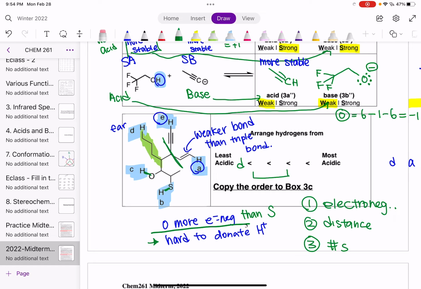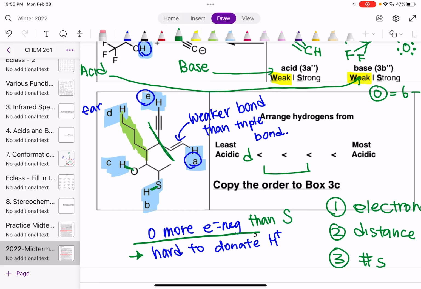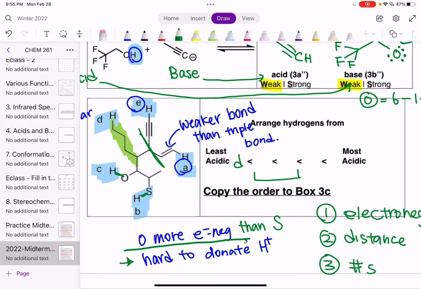Oxygen doesn't like protons to leave itself, so it's hard for it to donate, which makes C hydrogen less acidic than B hydrogen.